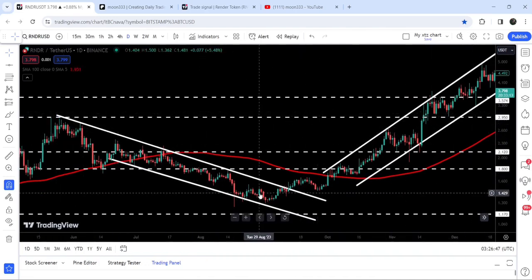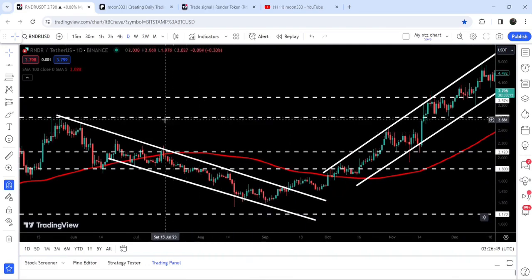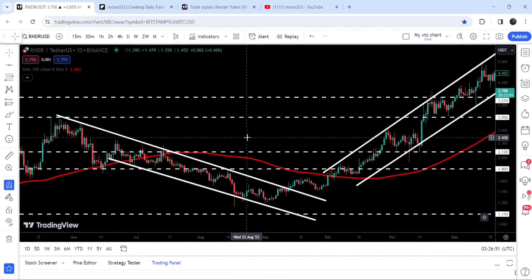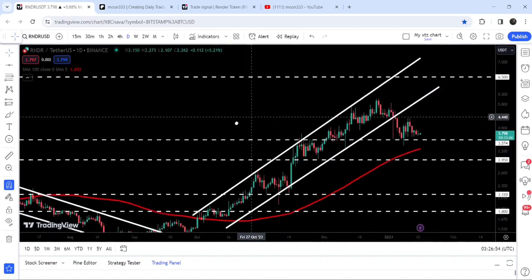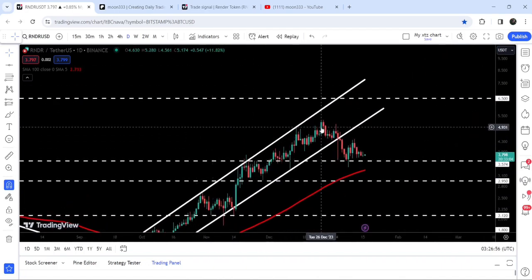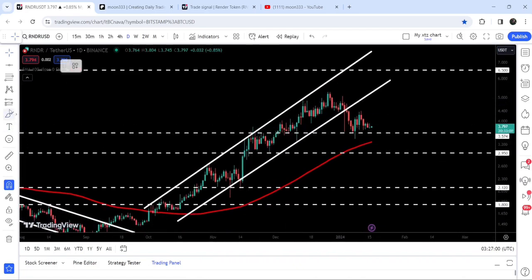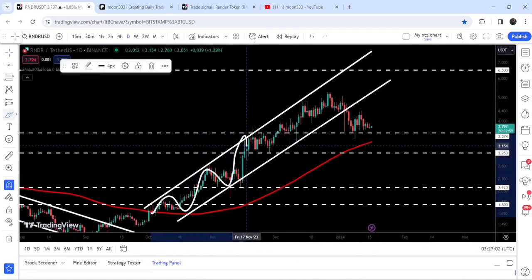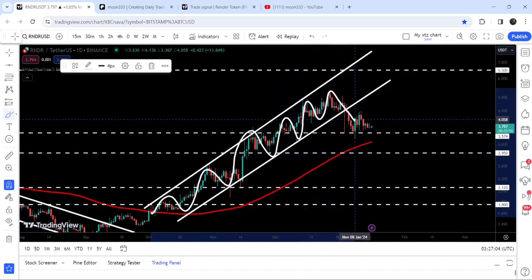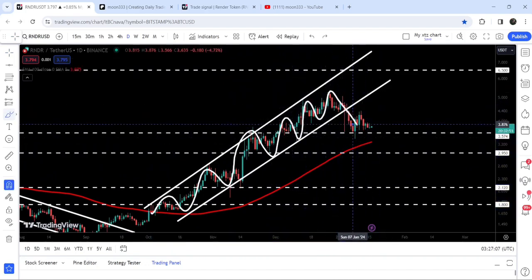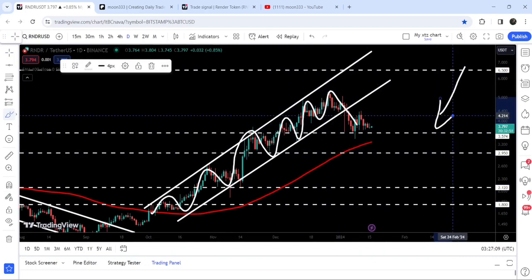In those days, before even breaking out this channel, I've been telling you that it can hit this target at $2.95, and you can see that the price then rallied beyond that target up to $5.28. And during this move, you can see it also formed this very nice up channel as well. And finally, we have broken down the support of this up channel and are testing this quite long-term support here.